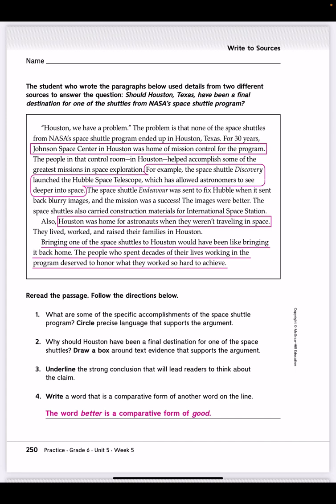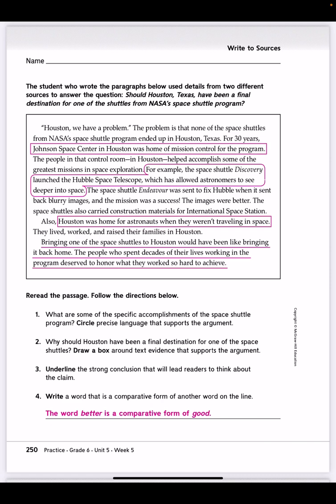What are some of the specific accomplishments of the shuttle program? Circle precise. For example, the Space Shuttle Discovery launched the Hubble telescope, which has allowed astronomers to see deeper into space. Right there, that's an accomplishment. The Hubble is still there. The Discovery is how it got there. Why should Houston have been the final destination? Draw a box around text evidence that supports. Well, I could see two different places.